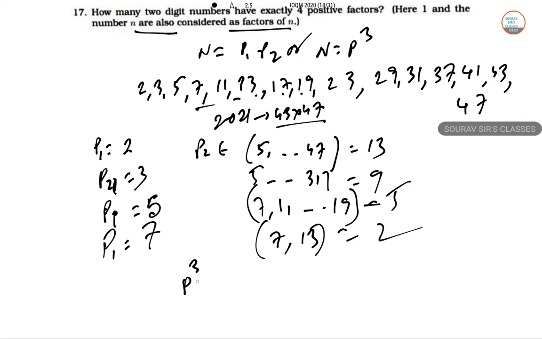So PQ equals 3Q. So the total numbers are 13 plus 9 plus 5 plus 2 plus 1. Answer is 30.